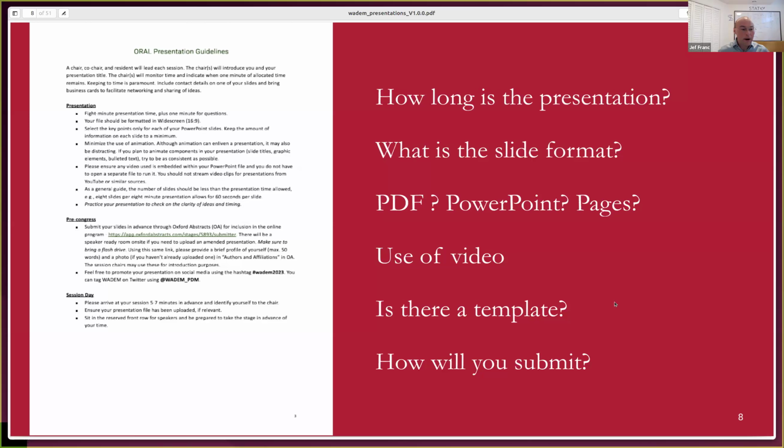And then look carefully at how you're going to submit. Make sure that you are ready in time to get that through the submission platform. Most of the platforms now require you to submit in advance, although most of them also have a last-minute option at the venue. So look through those oral presentation guidelines to make sure nothing surprises you.